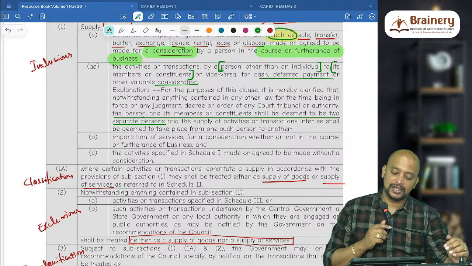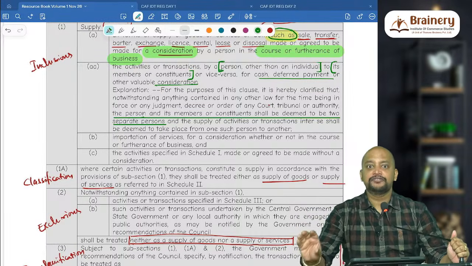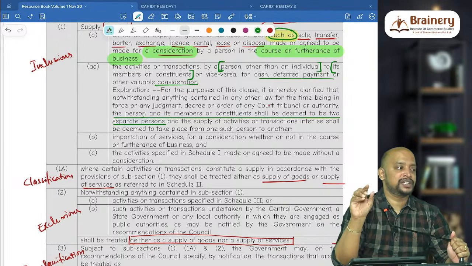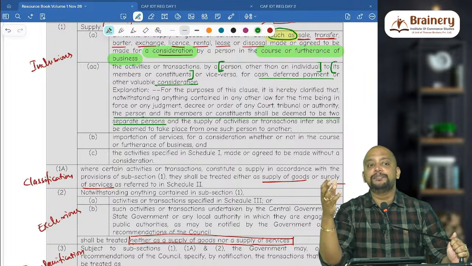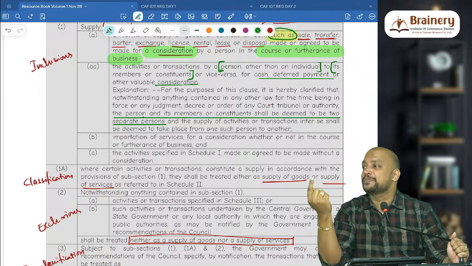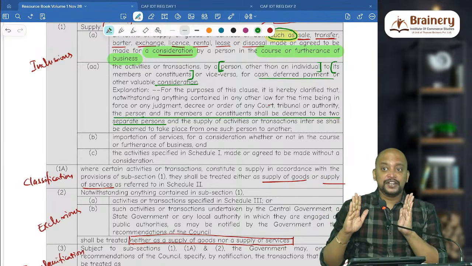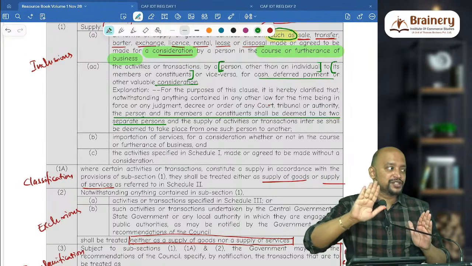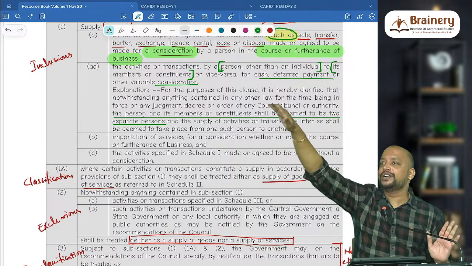Of course, we have some exemptions. For maintenance charges, we have an exemption of 7,500 rupees per month. They are not required to pay GST. For other club, any other association, 1,000 rupees per annum, like that we have exemption. But again, I am telling you, when we are discussing supply, don't get confused about taxability. We have exemptions, and on top of that only it will be taxable.